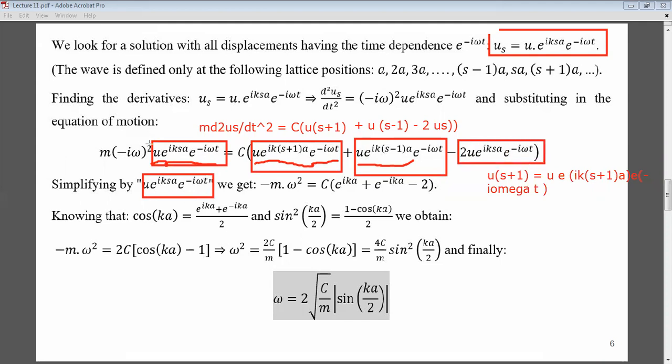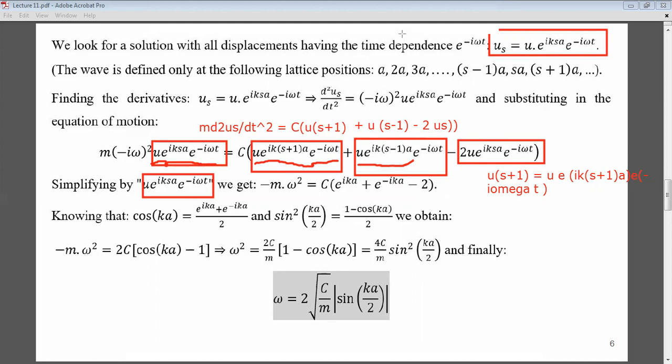And then what do I get? I get minus m omega square, multiplied by m, is minus m omega square. This thing we divide by it everywhere. This will be equal to C into what will be left here is only e to the ika. What will be left here is only e to the minus ika. And here there will only be minus 2 left.